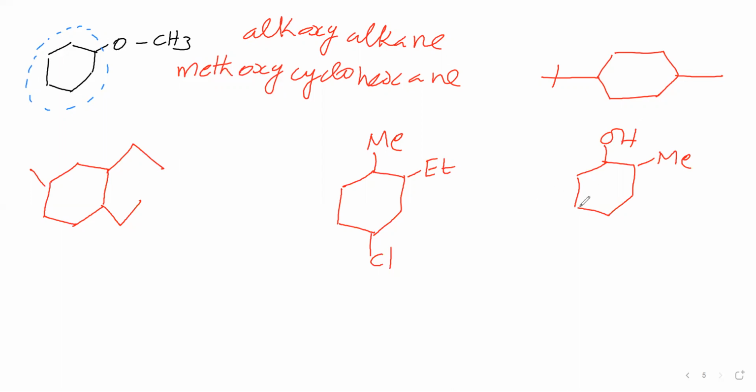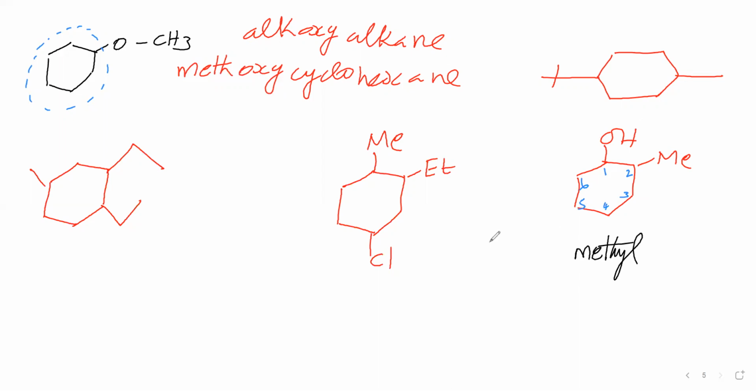Now in this compound, the parent is the cyclic one. So here number 1, number 2, number 3, number 4, 5, 6. This methyl is a branch, so we will say the branch name, methyl.